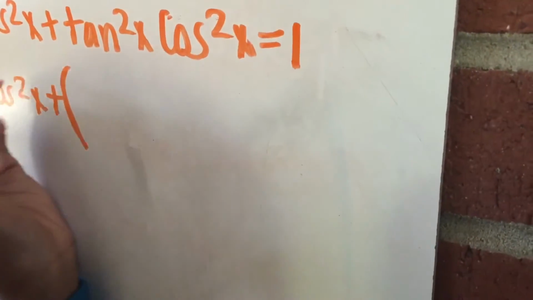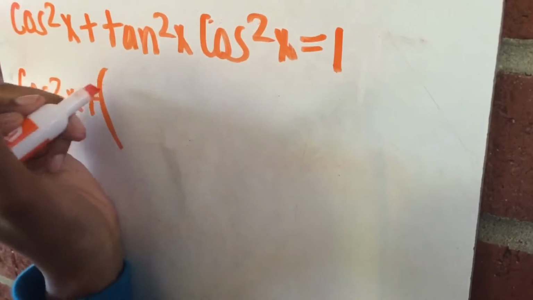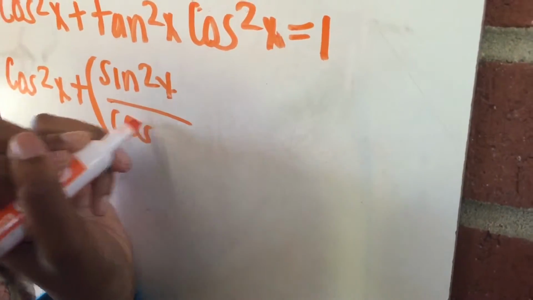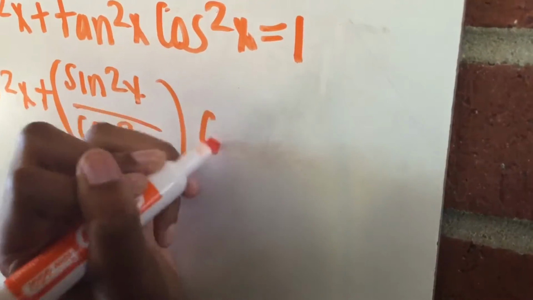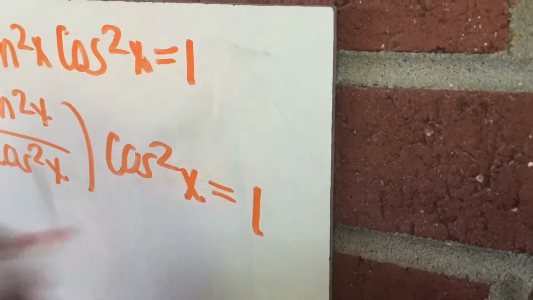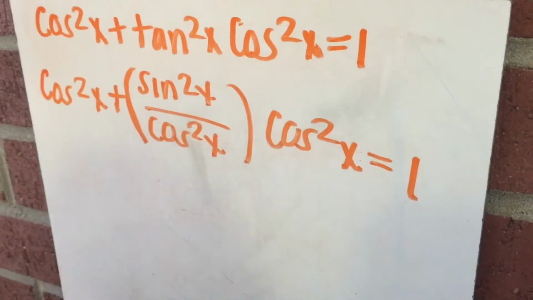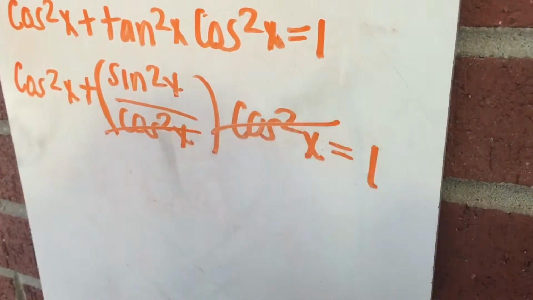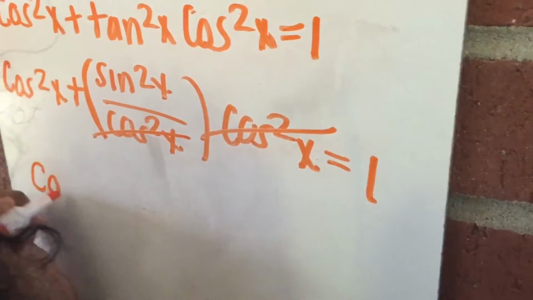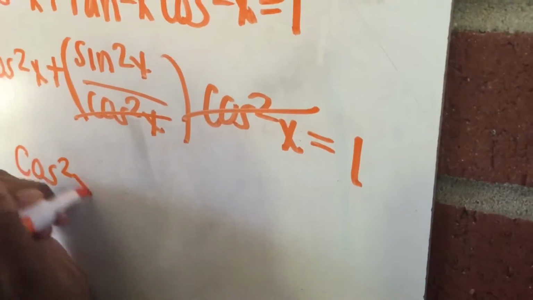The quotient identity for tangent is sine squared x over cosine squared x times cosine squared x is equal to 1. Now from here, we can cross out cosine squared x, and I can bring these two down.